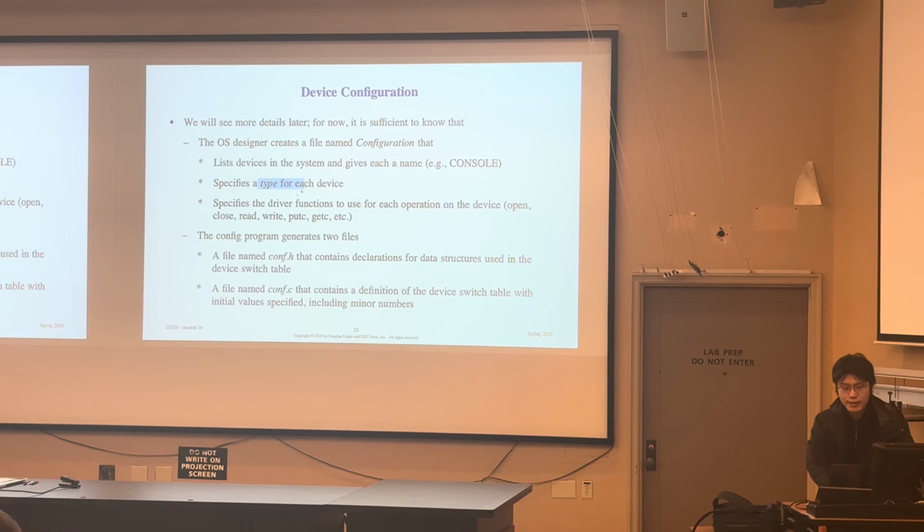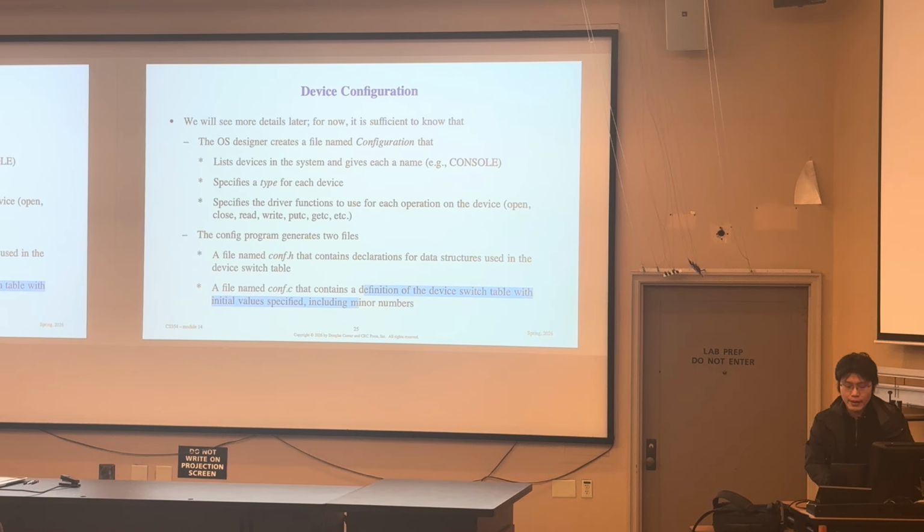These are all done automatically in the configuration operations. It generates two files, conf.h and conf.c. They contain the declarations of data structures used in the device switch table, and the definition of the device switch table with initialized values, including the minor numbers. But these are all implementation details that you can read in Xinu.